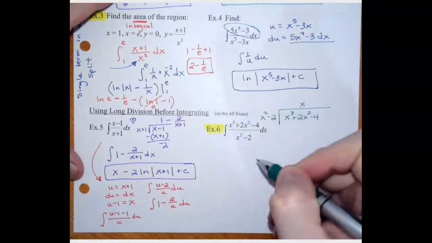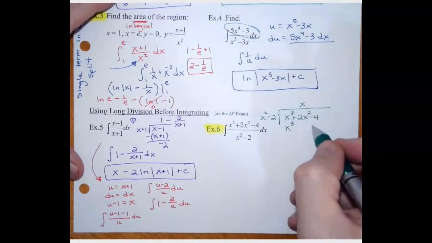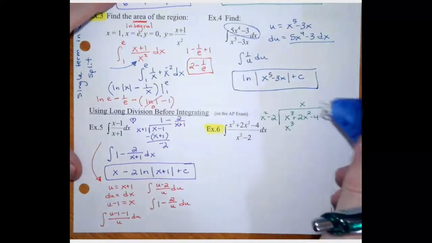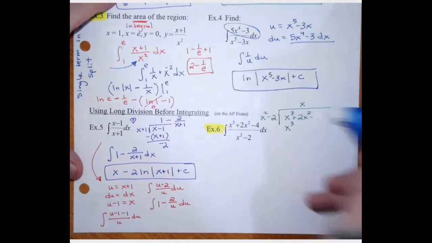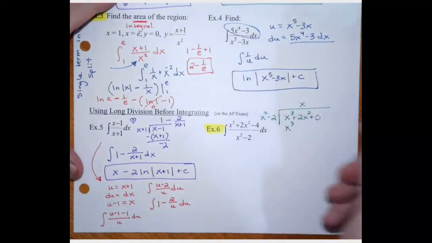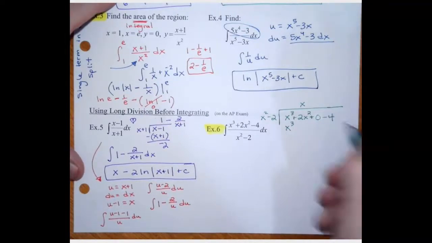So here we could put x there. That's going to be x cubed. And I made a little mistake there, sort of, and I should have put a placeholder in, if you remember from your pre-calc and algebra 2 days. There should be a placeholder there for the x spot.